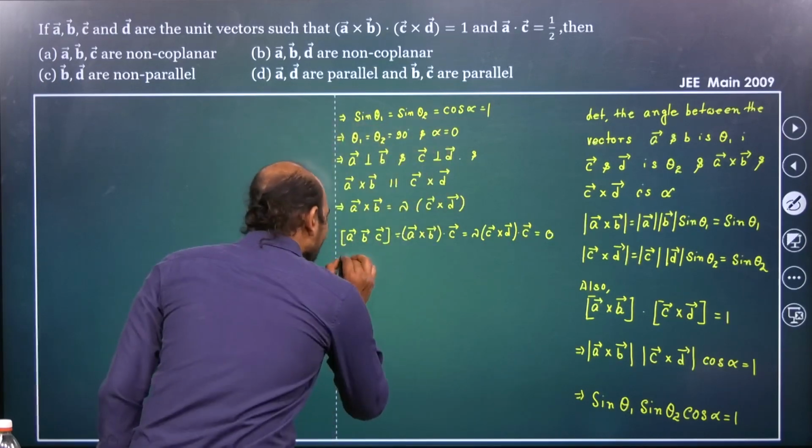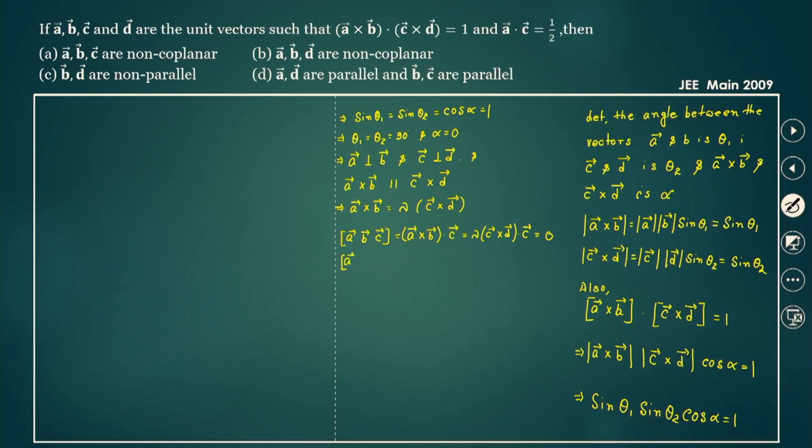Next, if we calculate the scalar product again in a similar way, A, B, D. Therefore you will find that for the vector A cross B, we have to take the dot product with D. That gives me lambda into C cross D. Taking the dot product with D, that gives me 0.